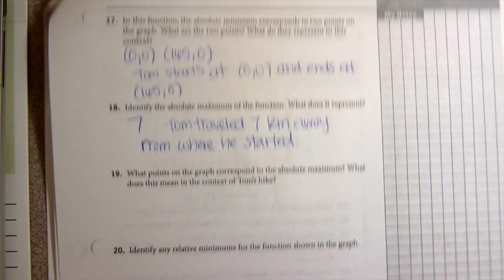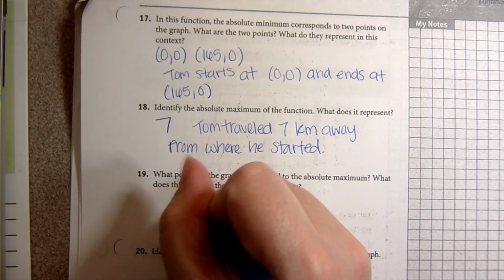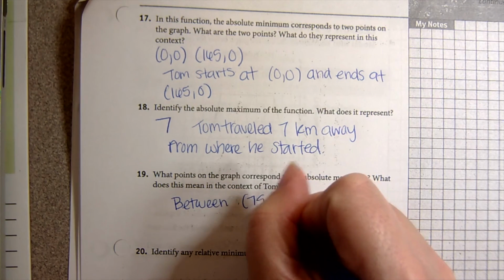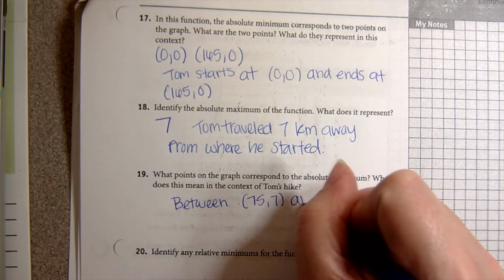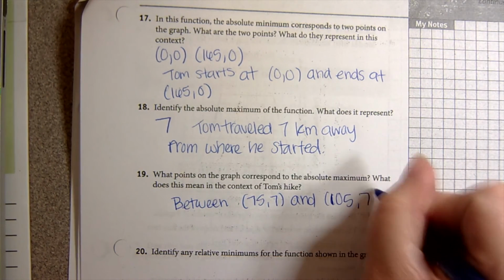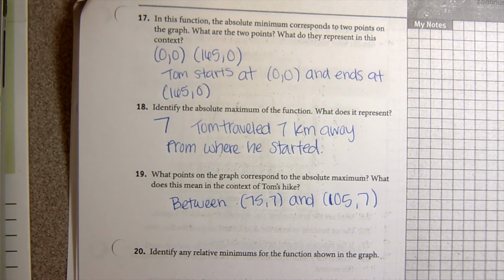So it says what points correspond? So between 75, 7 and 105, 7. And then we need to think about what that means on his hike. So what number is changing? The X, which is time.